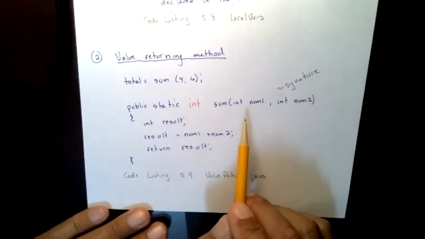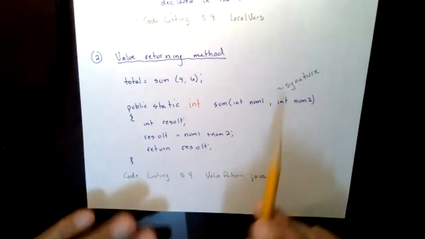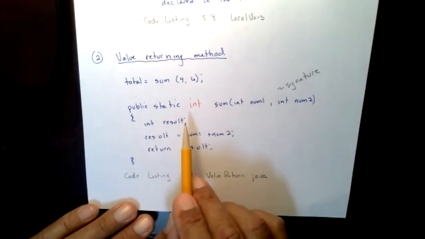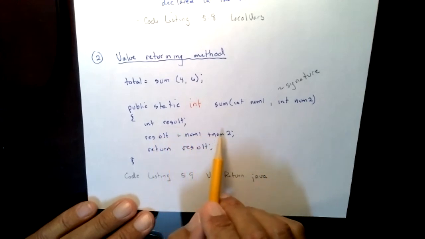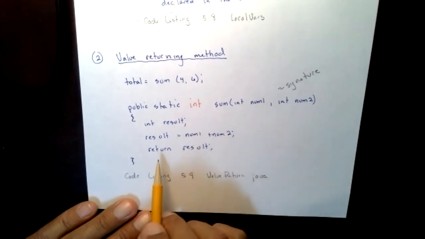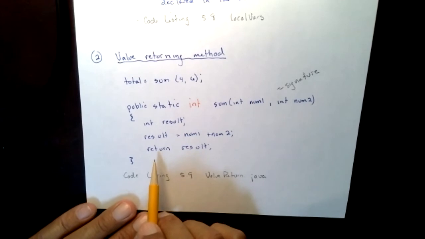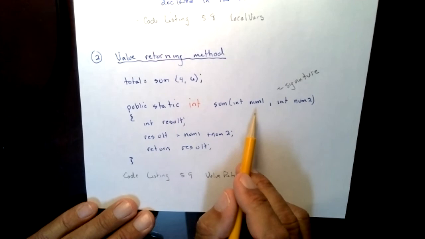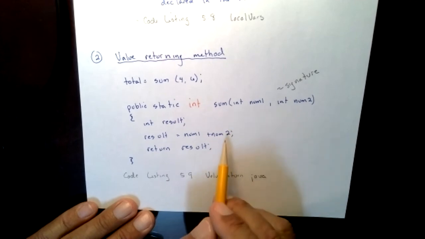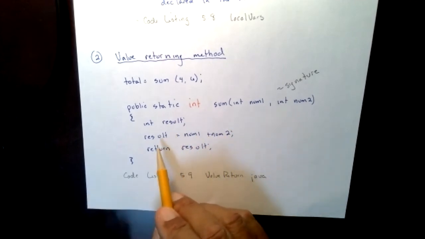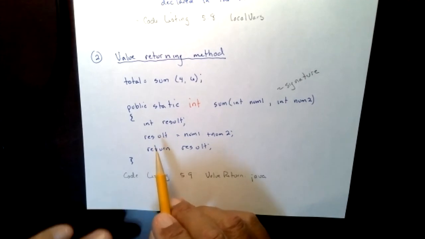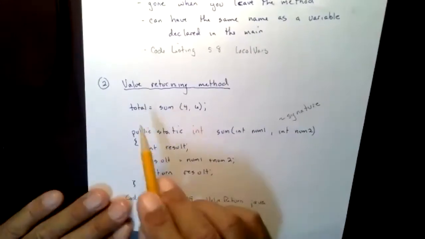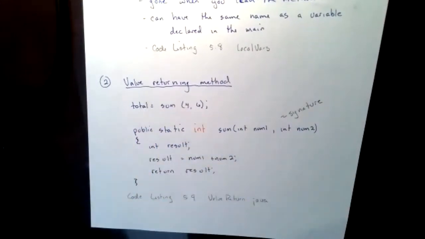You'll hear that more and more down the road. This is the signature of it, okay? Inside the body, I say int result. result = num1 + num2. Now I have a return statement. So right now, num1 has the value of 4. num2 has the value of 6. I add those and store 10 in result. I return result, which had the value of 10. It flies back up into the main and stores it in total.